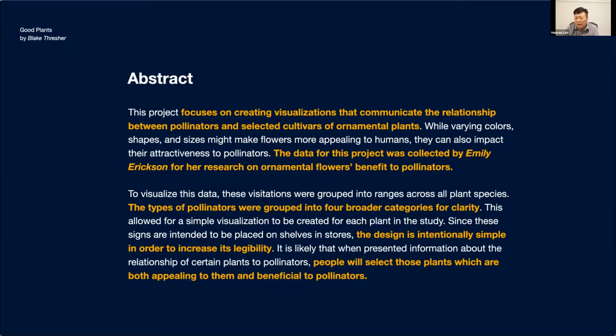And the data for this project was collected by Emily Erickson for her research on ornamental flowers' benefit to pollinators. So at this time, he has 4 groups. So he grouped the pollinators into the 4 groups for more clarity. And also the design is intentionally very simple in order to increase its legibility and the readability.